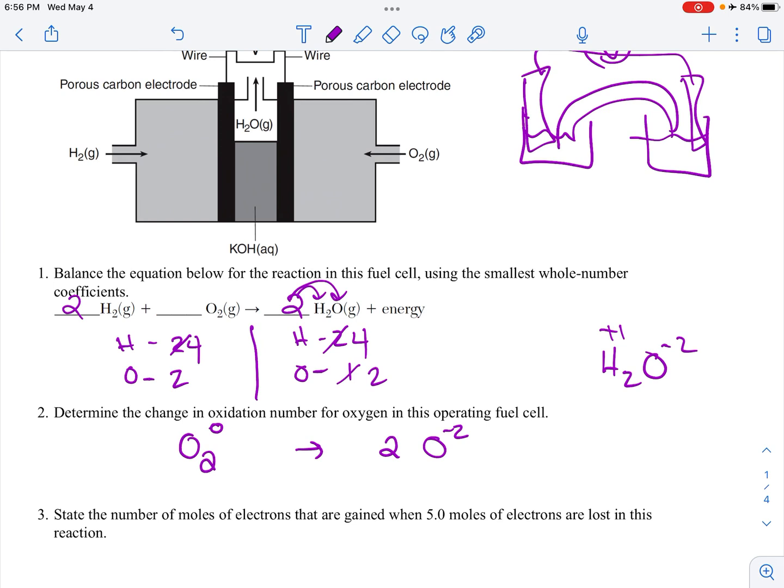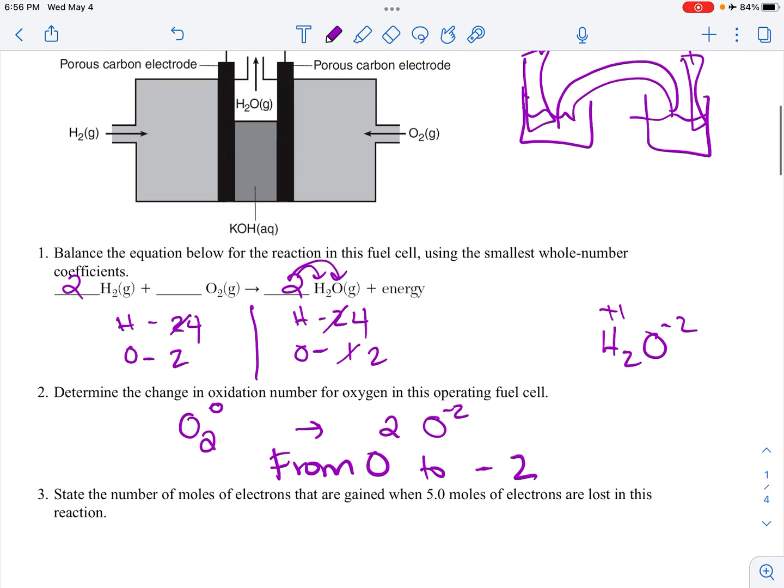It did not ask us for a half reaction, but if you wanted to, you could say 2 times -2 is -4. But it didn't ask us for that. All it asked us was, what is the change in oxidation state? So you could write this, I suppose, but how about from 0 to -2?